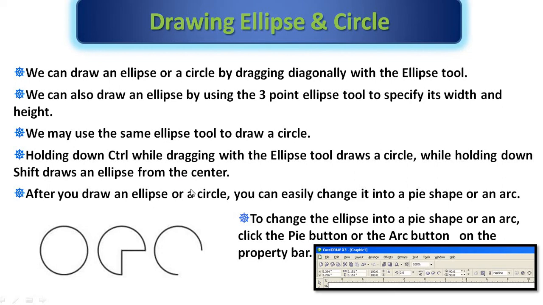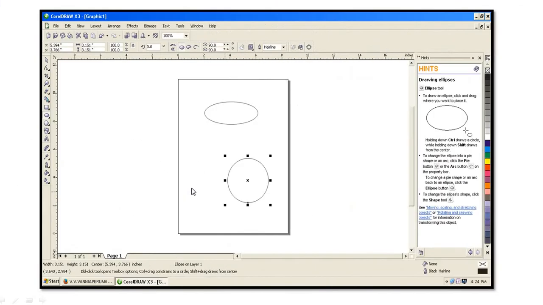We may also draw the ellipse using the 3-point ellipse tool. So this is the sample. I have clicked the ellipse tool and drawn the default ellipse, and I have pressed the Ctrl key and used the same ellipse tool to draw the circle also.